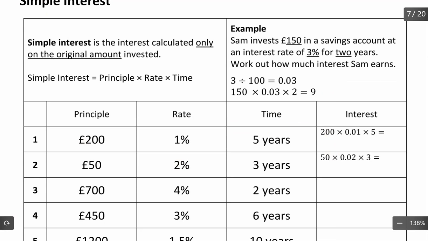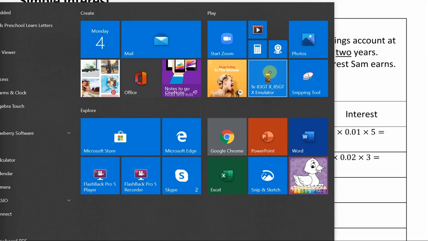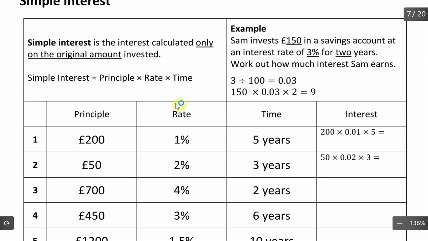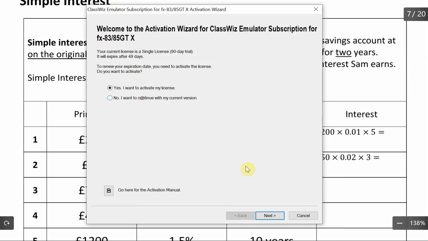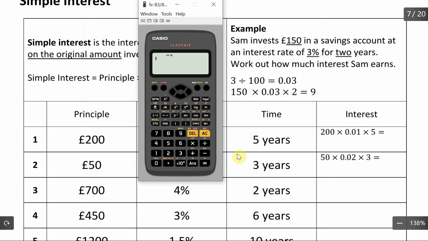Okay, I'm just going to load up a calculator here. Okay, so 200 is the principal amount. The interest rate is 1%, they're usually very low.